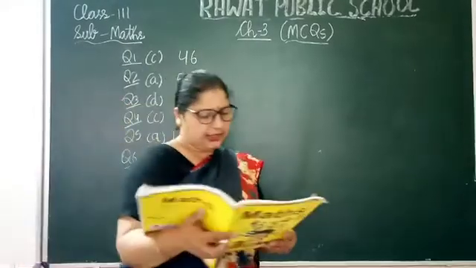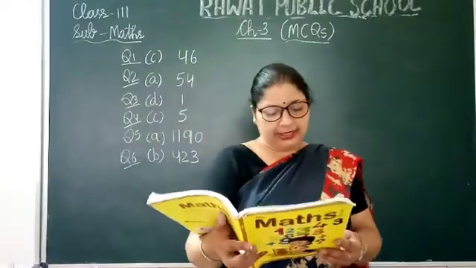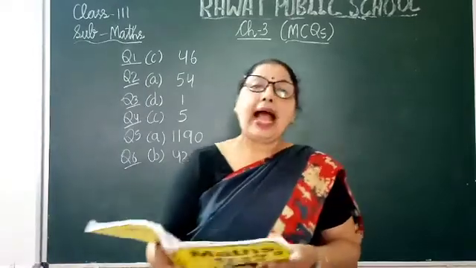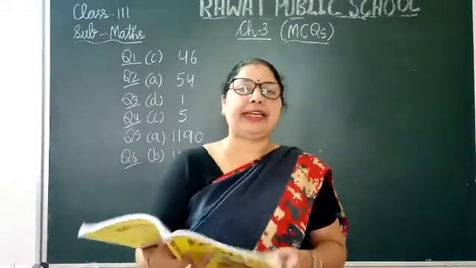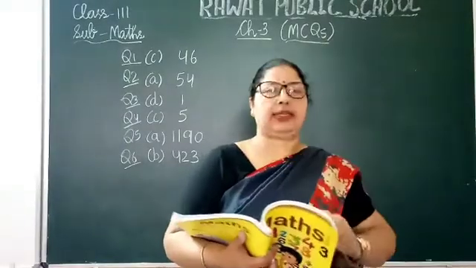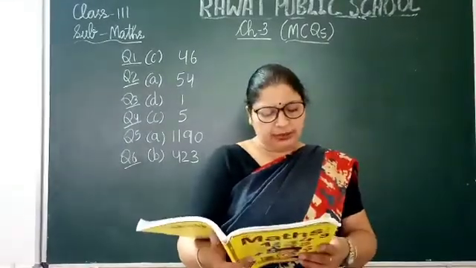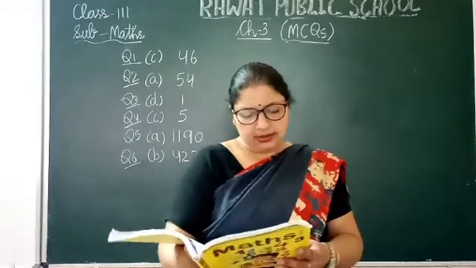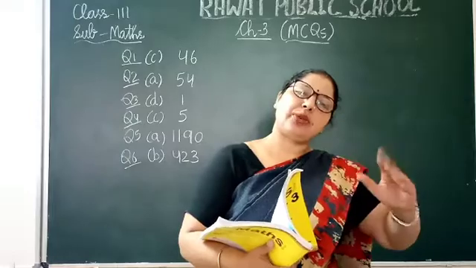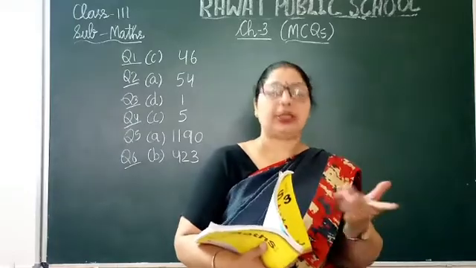Now next is, what is 123 less than 789? क्या आएगा अगर हम 789 में से 123 को लेस कर देंगे? So what is 123 less than 789? अगर 123 लेस तो किस में से लेस हो गया? 789 में से. तो क्या आएगा?